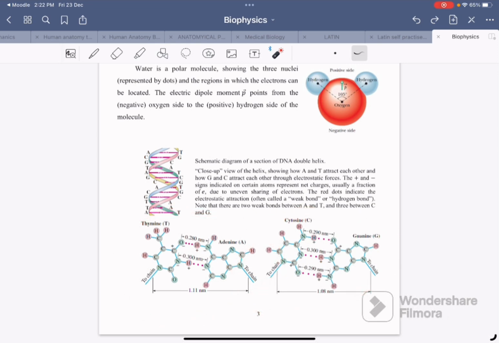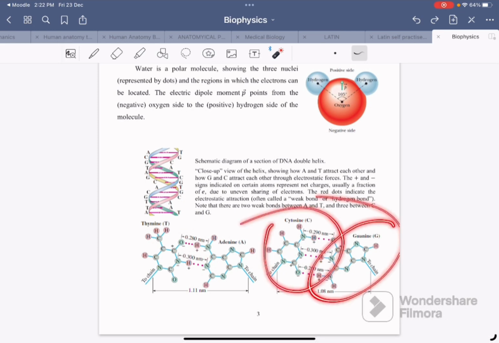So I must say this six carbon ring, with this 1 2 3 4 5, is the structure of adenine, simple, and this is the structure of thymine, and this is the structure of cytosine, and this is the structure of guanine.